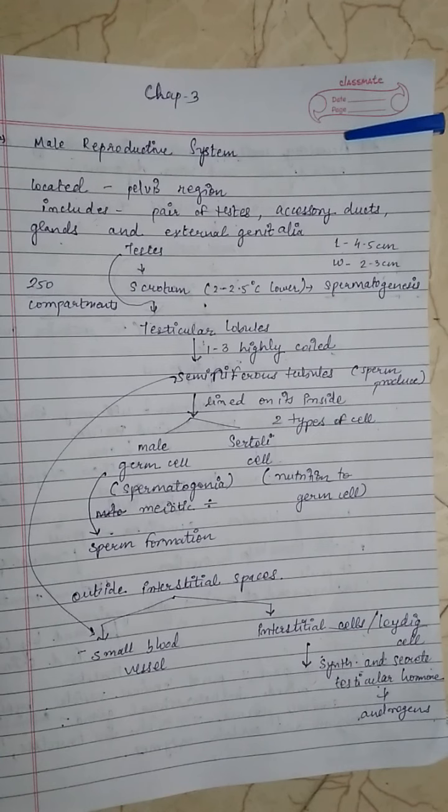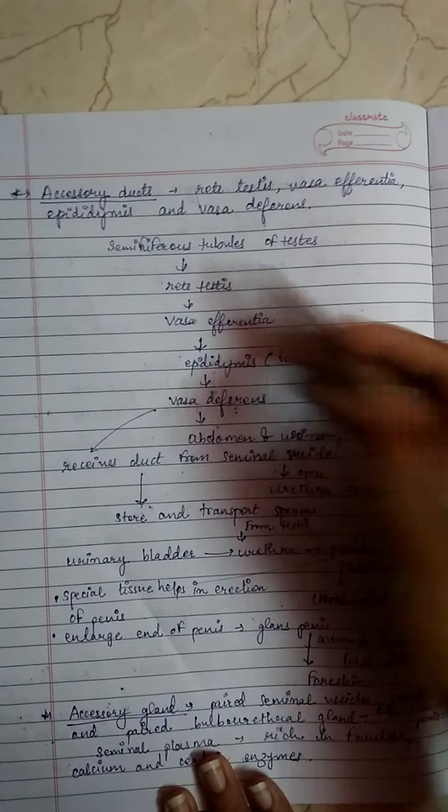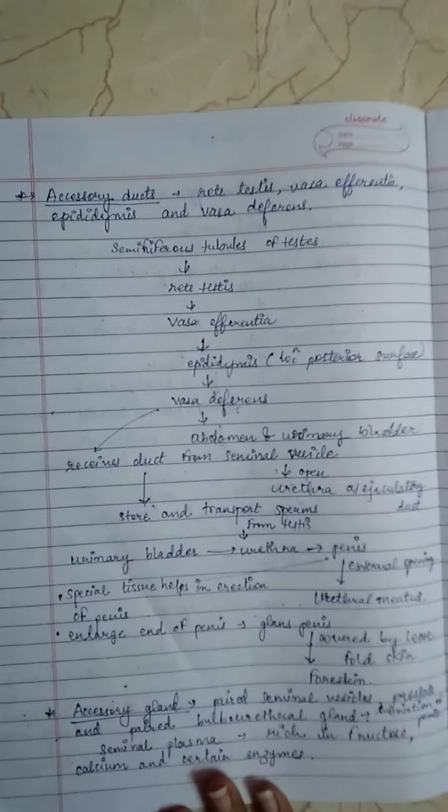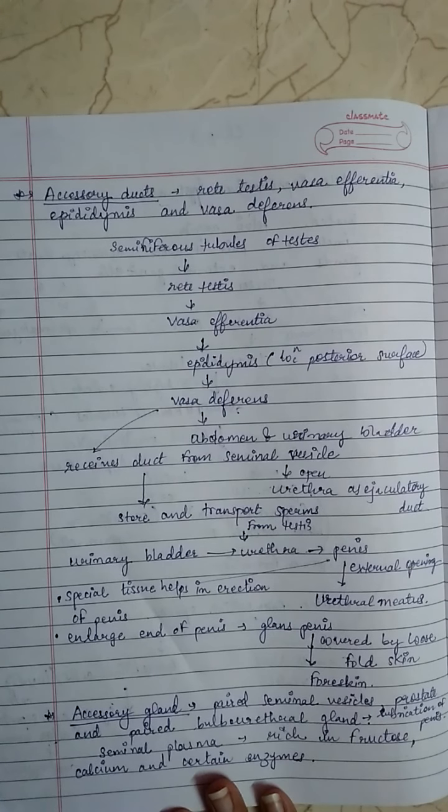Now we will see the male sex accessory ducts. Memorize this: the accessory ducts are rete testis, vasa efferentia, epididymis, and vas deferens. The seminiferous tubules of the testis open into the vasa efferentia through the rete testis.